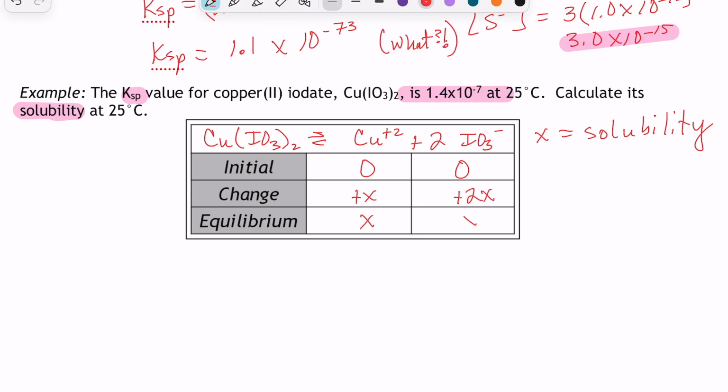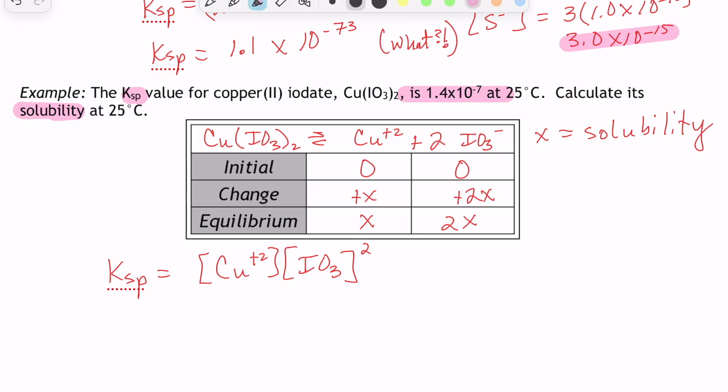So in equilibrium problems, the coefficients get double duty. So here we have Ksp. Here's our equilibrium expression. You always have to write that. Can't skip that step. IO3 squared. What did I do here? 2x, there it is. So I'm going to plug in to my Ksp expression x for the copper and 2x for the iodate. Now, one of the most common mistakes with these problems is forgetting to square the 2 and the x, okay?